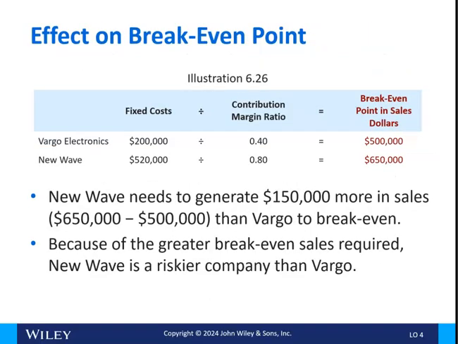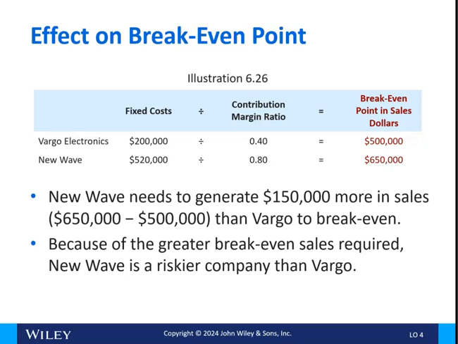Now if we look at break even, fixed cost divided by contribution margin. So Vargo, $200,000 fixed cost divided by 40% contribution margin gives us $500,000 in break-even sales. New Wave, 520,000, so significantly more fixed costs.